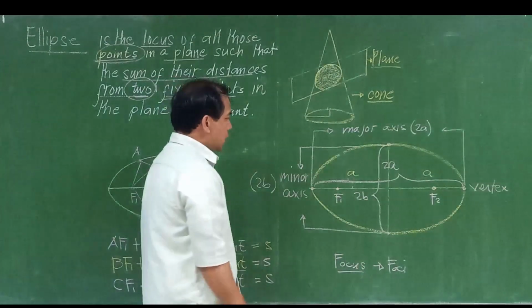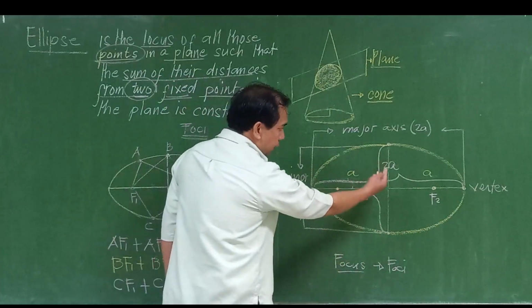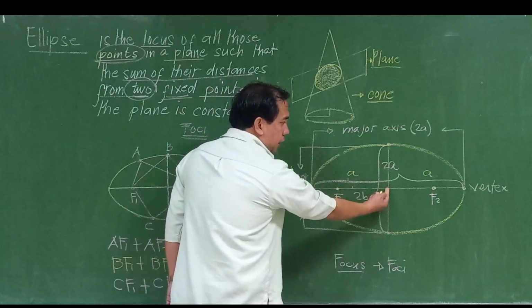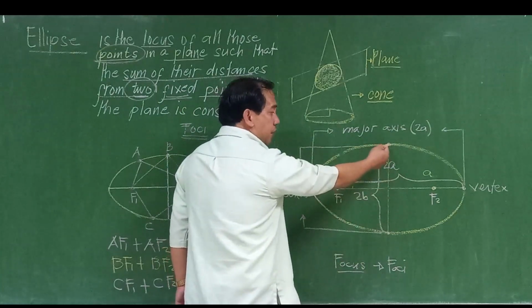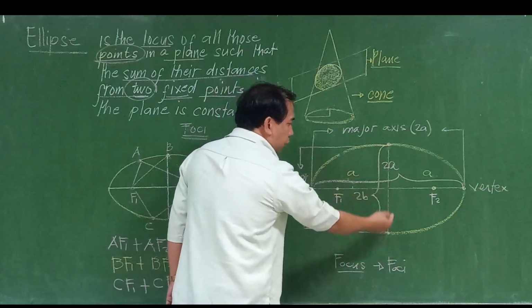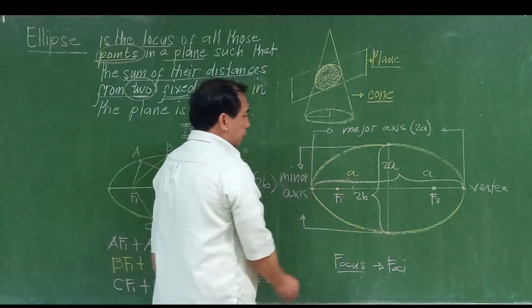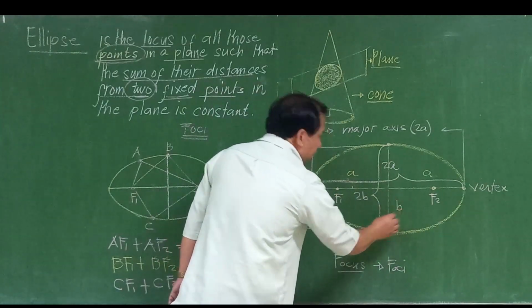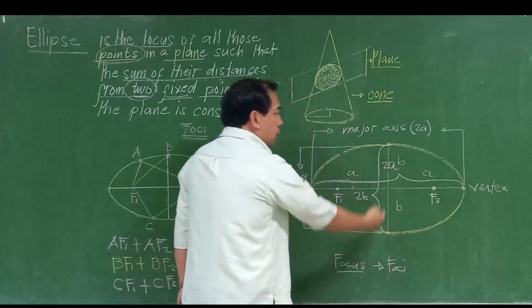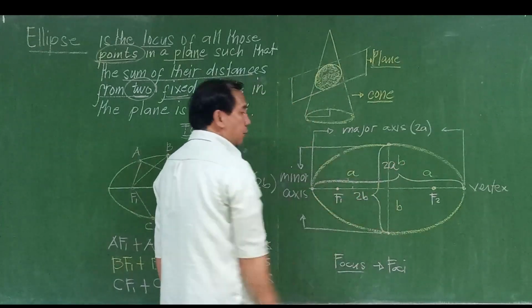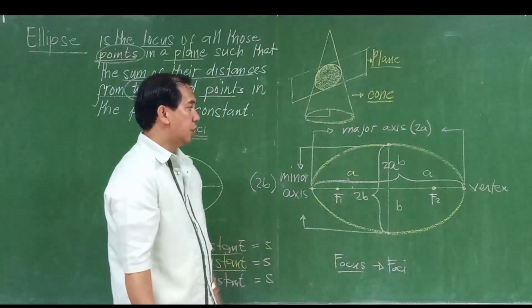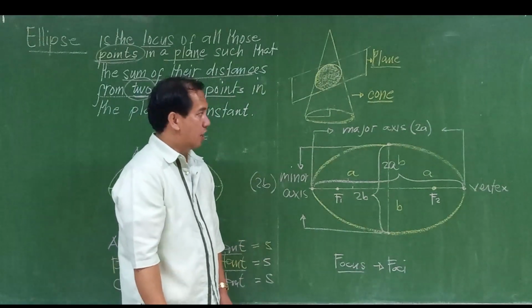The minor axis is composed of the segment from the center going up to this vertex, and from the center going down to this vertex, and that is the same as B and B. So totally, it will give you 2B, and that is considered to be our minor axis.